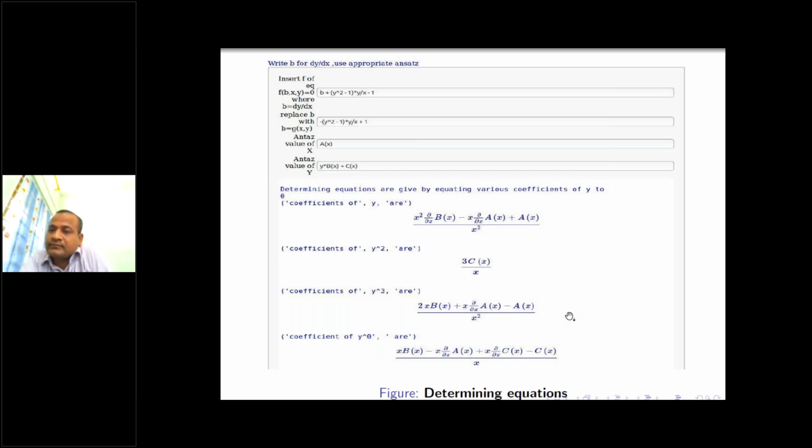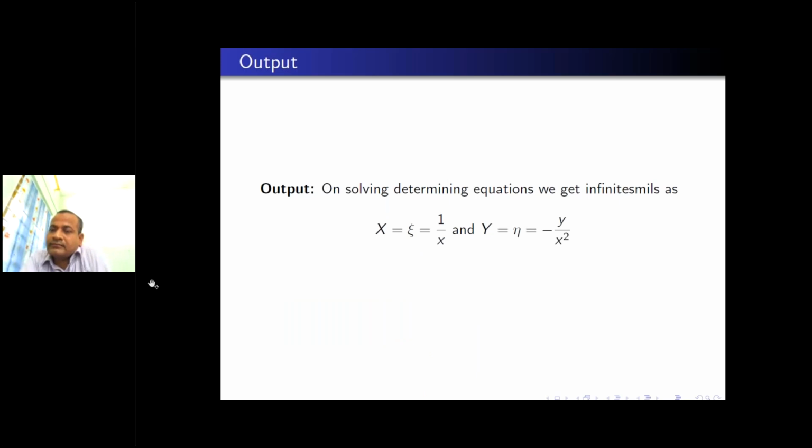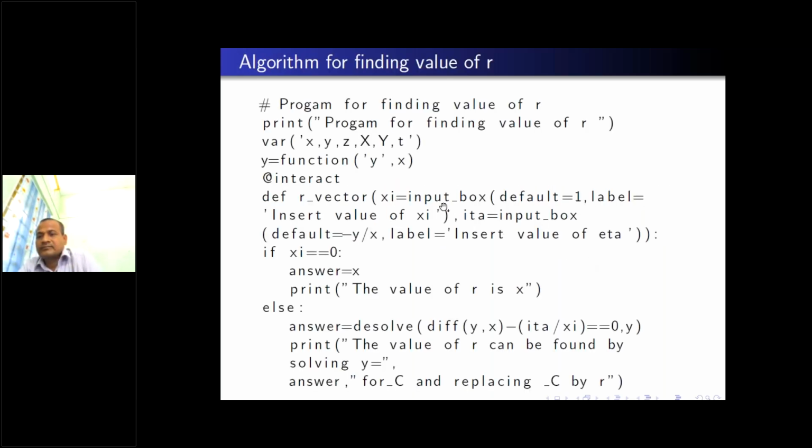When we solve this determining equation, we get the infinitesimals, the same as on solving the differential equation: xi is equal to 1 by x and eta is equal to minus y by x squared. So either we'll get the infinitesimals directly by the first algorithm, or in case we are not able to find them, we can use the second algorithm to find the values of xi and eta. And after this, we have made an algorithm to find the value of r.